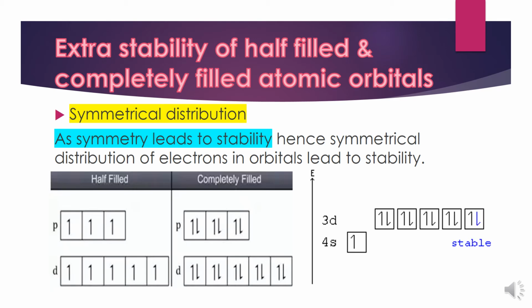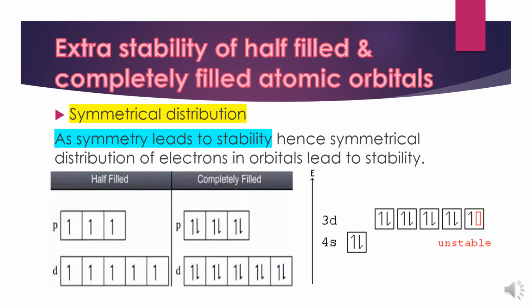And this jump is possible from s to d because the 4s and 3d orbitals are quite close to each other and there is not much difference in energy. And that is the reason that in the case of the p subshell, when we discussed yesterday, this kind of transition was not possible, because between 3s and 3p or 2s and 2p there is a large difference of energy.